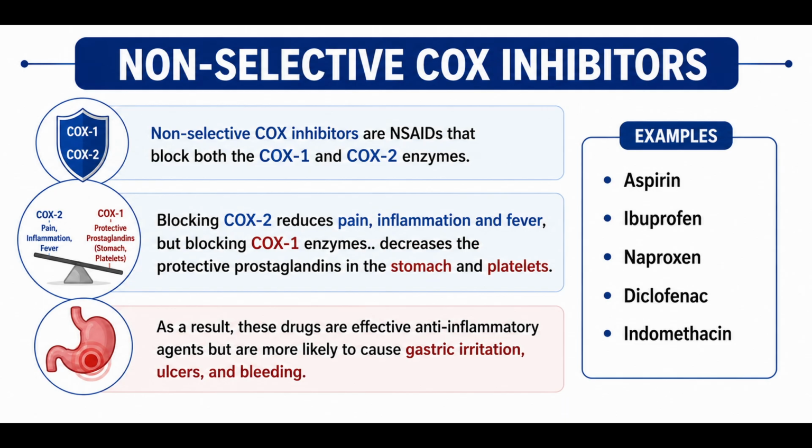Blocking COX2 enzymes reduces pain, inflammation, and fever, but blocking COX1 enzymes decreases the protective prostaglandins in the stomach and platelets. As a result, these drugs are effective anti-inflammatory agents but are more likely to cause gastric irritation, ulcers, and bleeding. Examples of these are aspirin, ibuprofen, diclofenac, naproxen, etc.